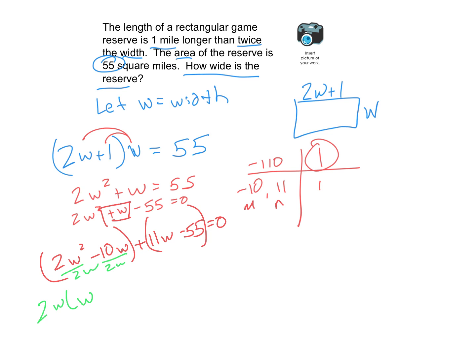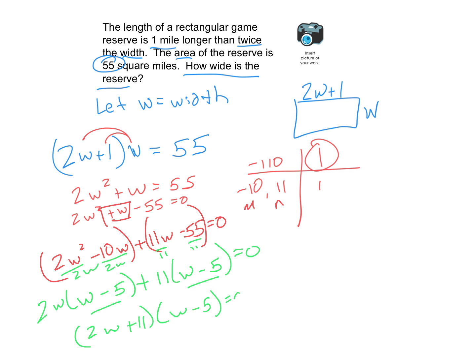I'm left with w minus 5 plus, I'm going to factor out an 11. I'm left with w minus 5 equals 0. Cool, that's what we need. So 2w plus 11 in parentheses, and then w minus 5 in parentheses, all of that set equal to 0. So now I've factored it.